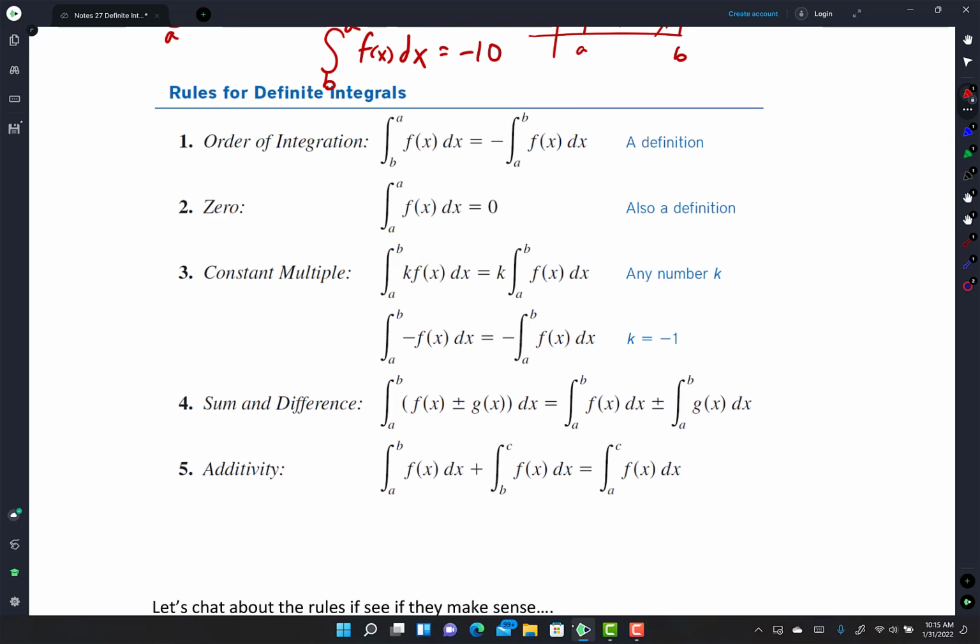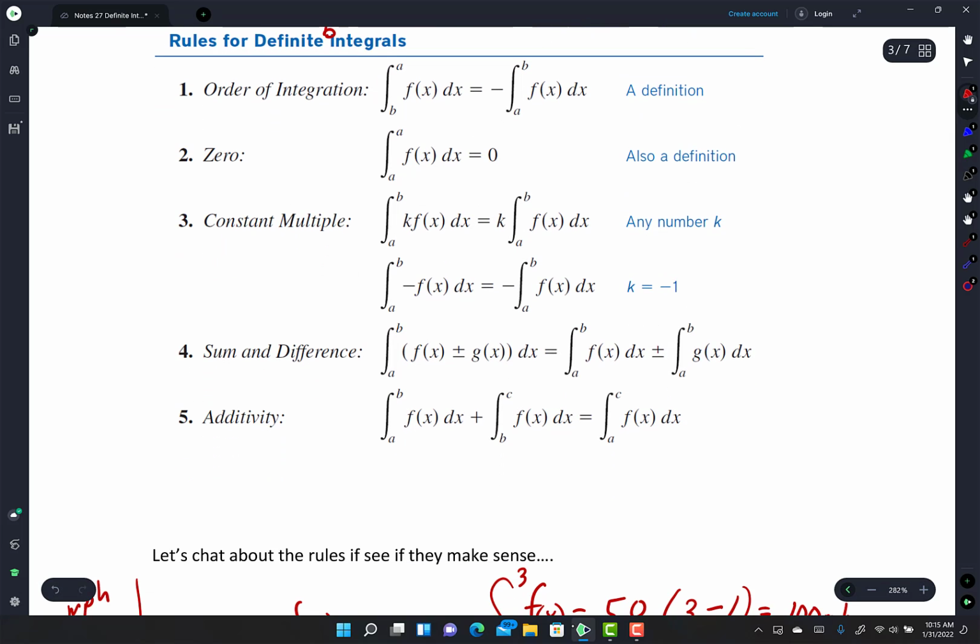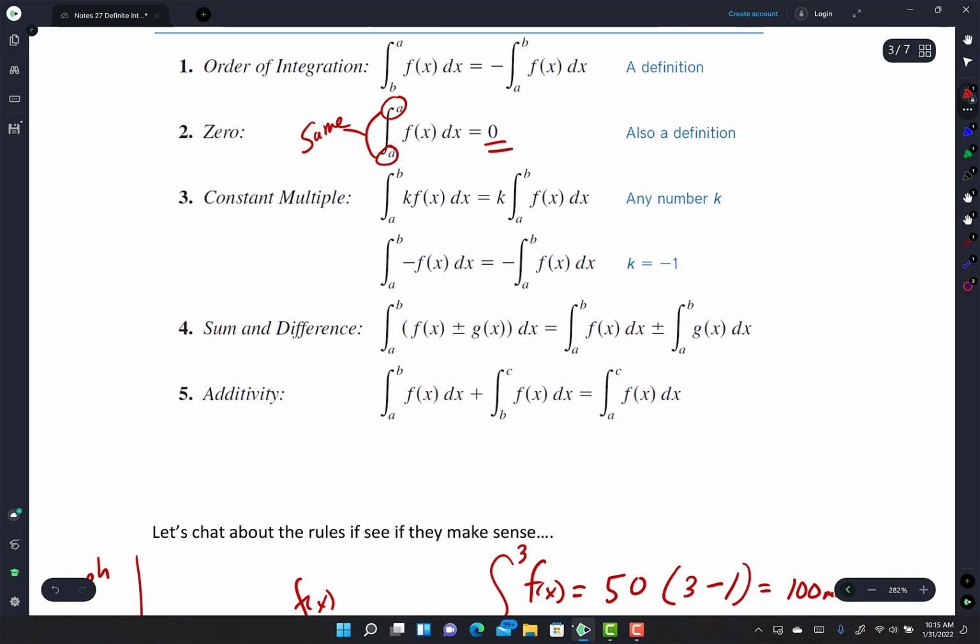Oh, number 2. You're going to love number 2. Notice that the upper and lower limits are the same. Why is my output 0? You can either say the dx hasn't changed, or the lower and upper are the same, so have you moved? No, you haven't moved, so that's why it's 0.